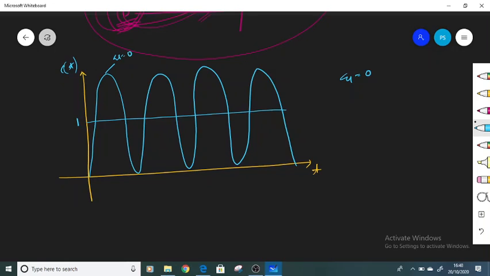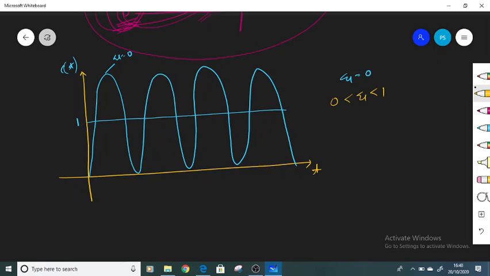Now if some zeta value is given, कोई damping आप introduce करते हैं system में in such a way that the value of damping factor lies between 0 and 1, then the system is going to be underdamped.